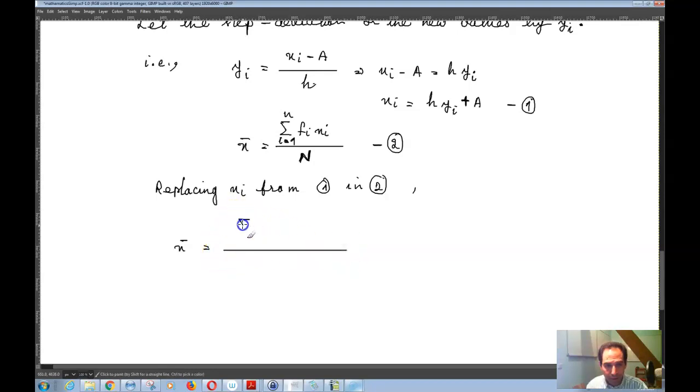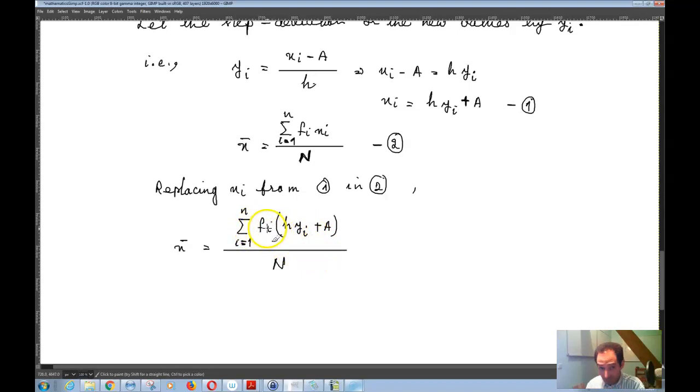sigma f of i times x of i, which is h times y of i plus a, divided by n as i goes from 1 to n. And then you need to make some arrangements here.